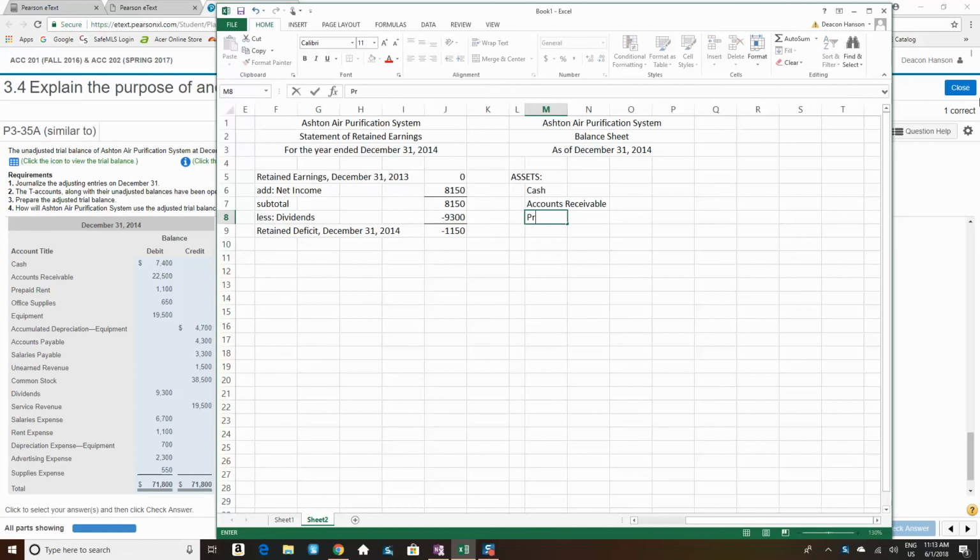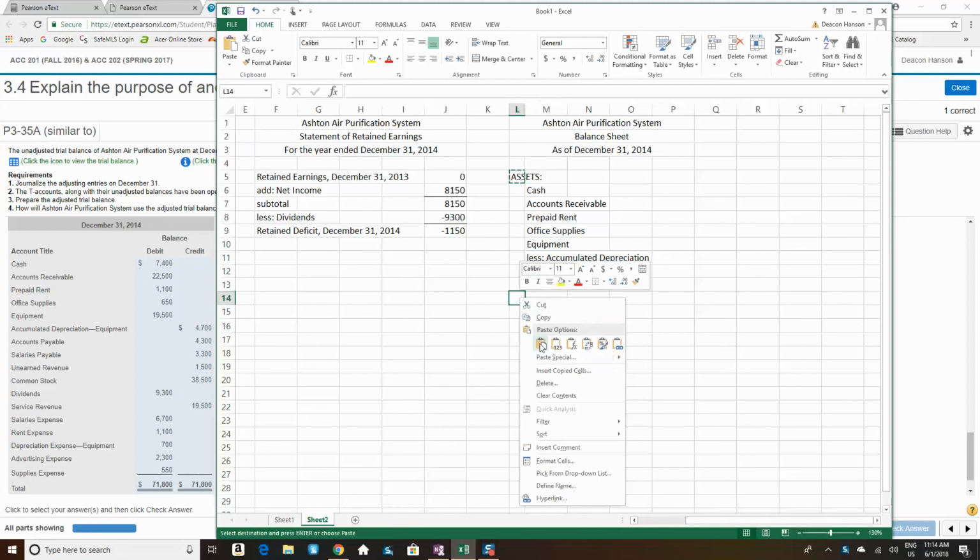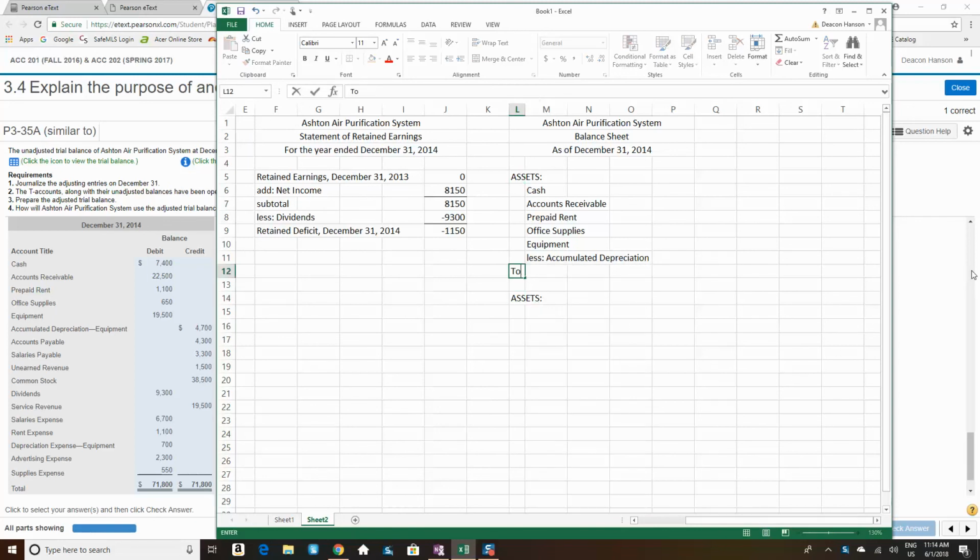You got prepaid rent, you got office supplies, you got equipment, less accumulated depreciation. Then you're going to move over, you're going to have liabilities. So what we would do is we'd have a total assets, and then you'd have your liabilities.